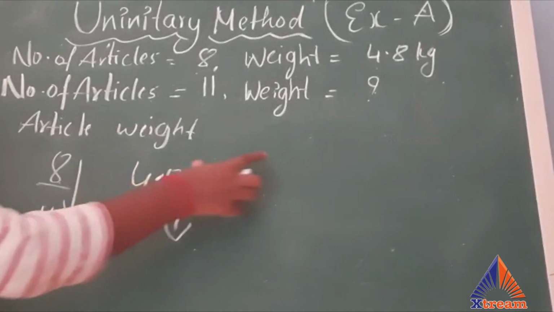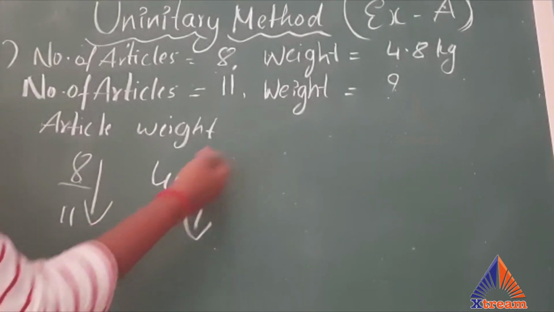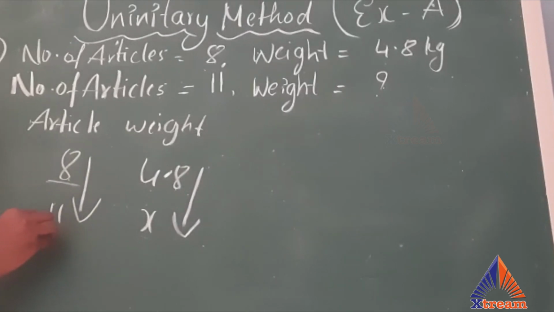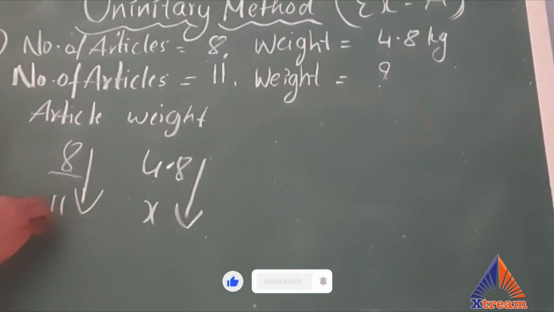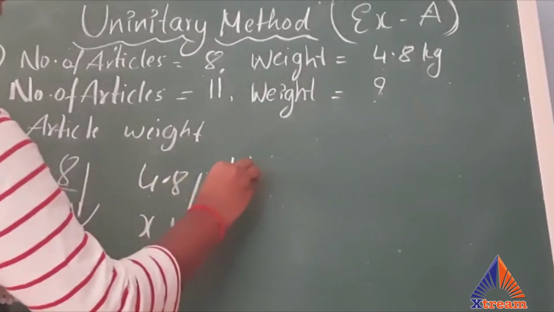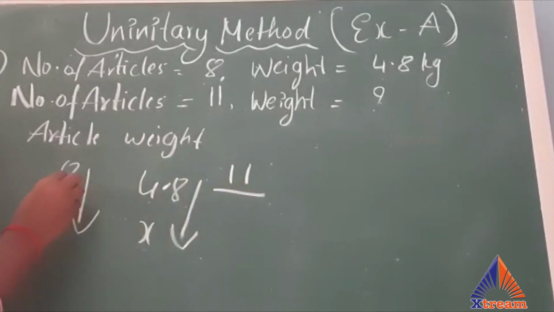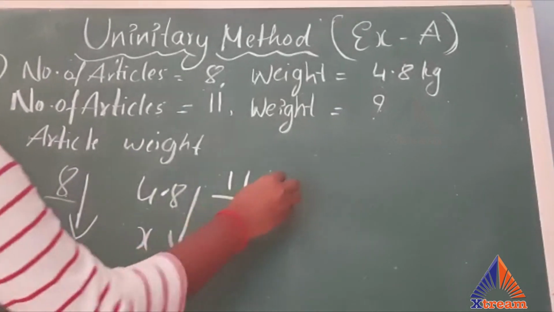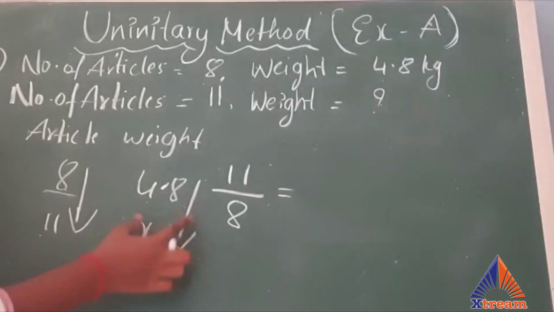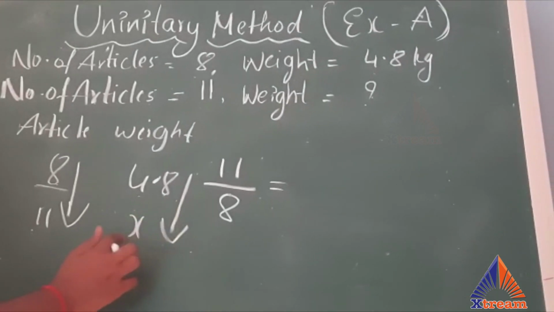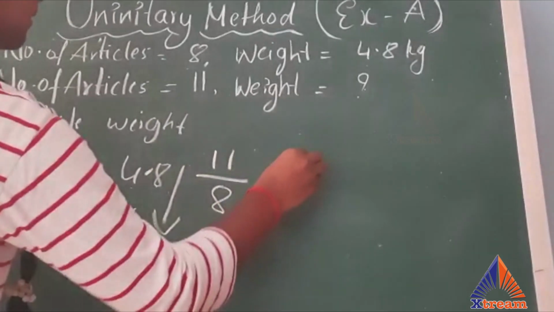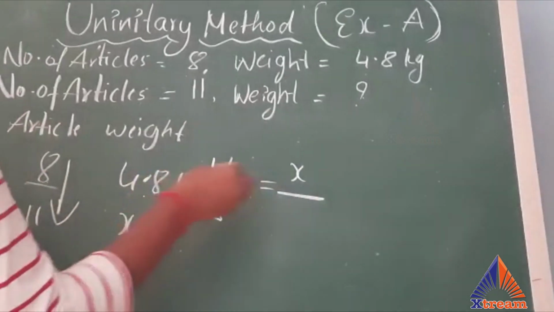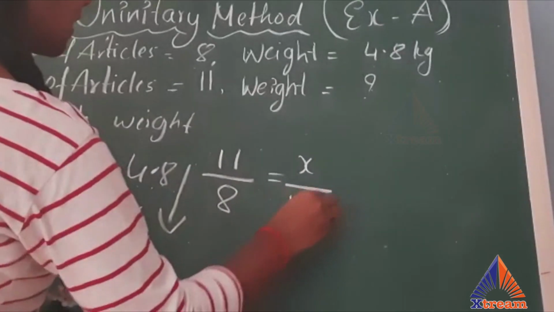Now let's form the fraction. As the arrow is pointed towards 11, let's write 11 in the numerator and 8 in the denominator. And even here, as x is the greater value and the arrow is pointed towards x, write x in the numerator and the rest of the value in the denominator, that is 4.8.